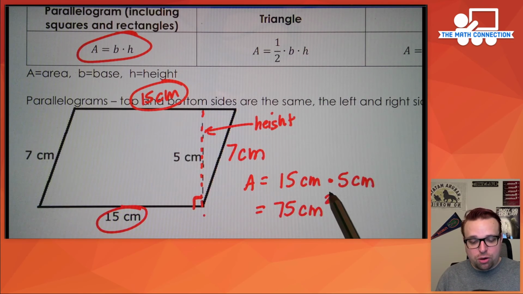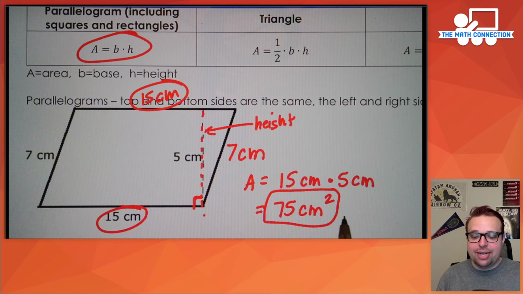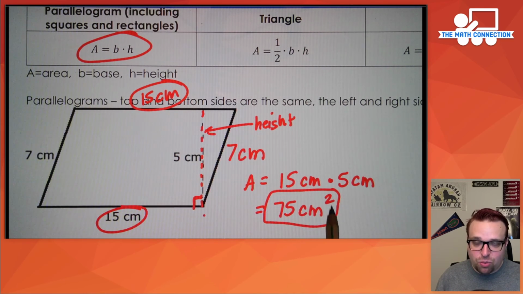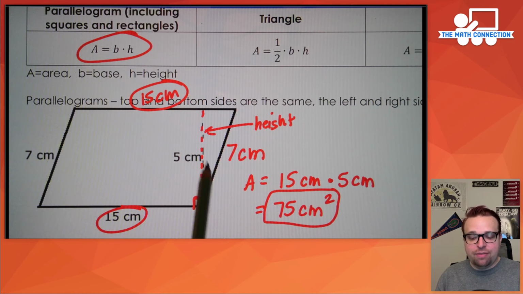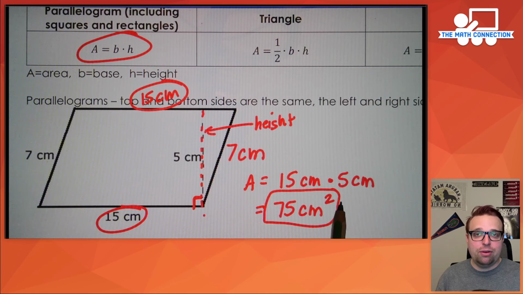So make sure that you're putting that in whenever you have an area problem. It's going to be whatever the units are and then squared. The area of this parallelogram is 75 centimeters squared.